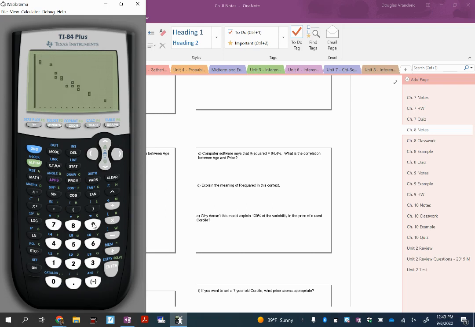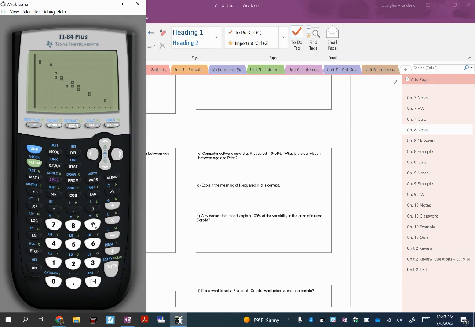Now, remember, for describing the association between these two quantitative variables, you're thinking about direction, form, and strength. So direction looks negative, the form looks linear, and the strength looks, I'd say, pretty strong, or I would say strong. I don't want to use those otherwise, but it looks strong. They're very, very tightly clustered.